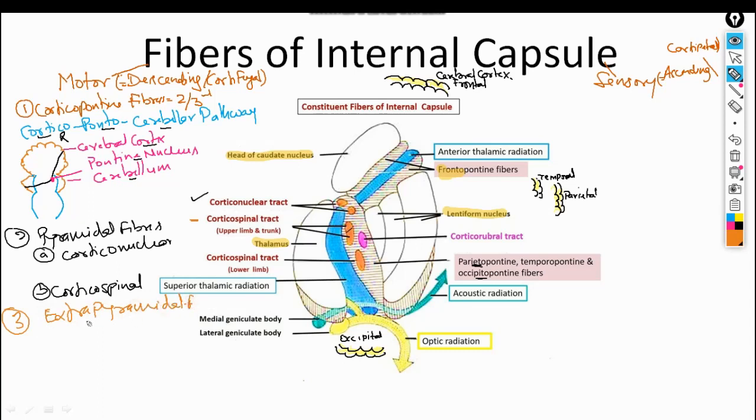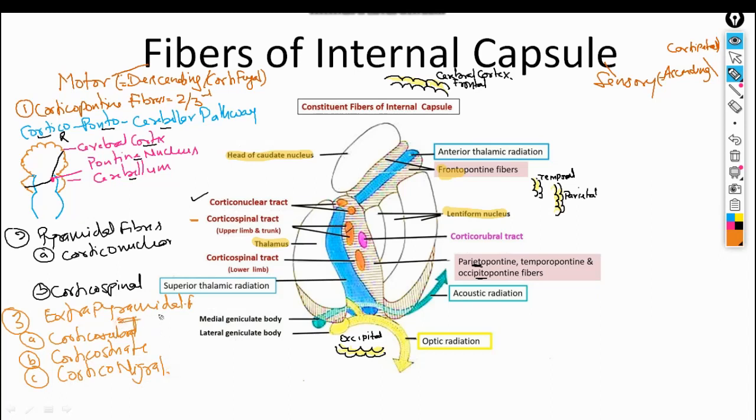So in these extrapyramidal fibers, one is corticorubral, corticostriate, and corticonigral. Clear?